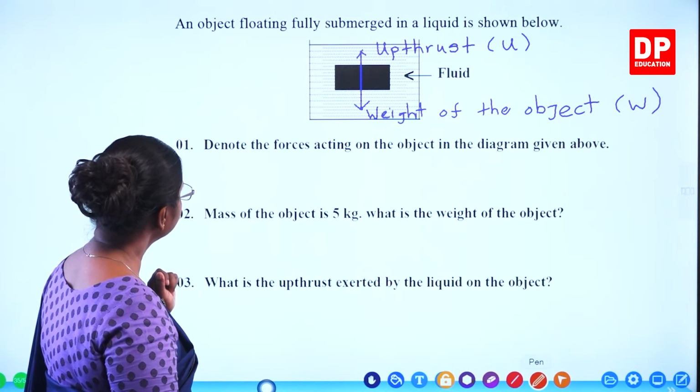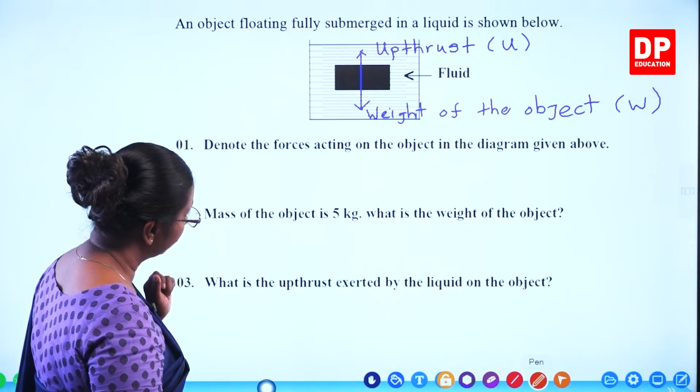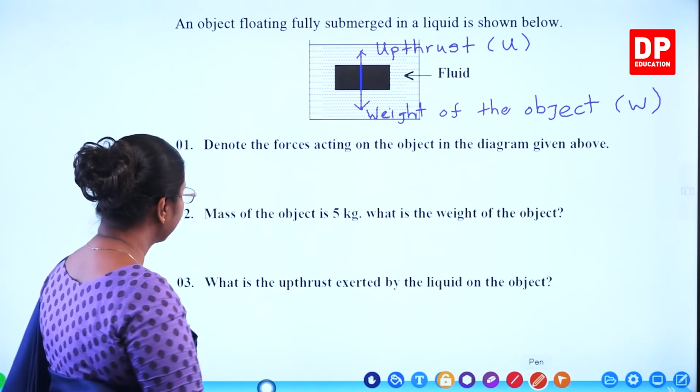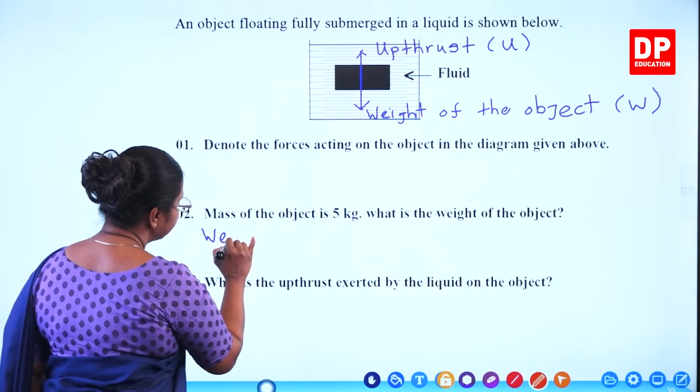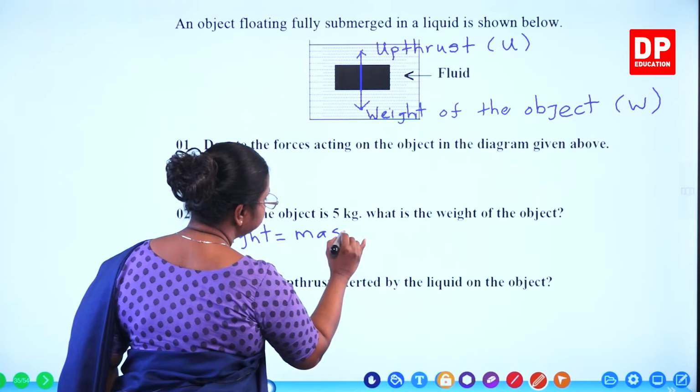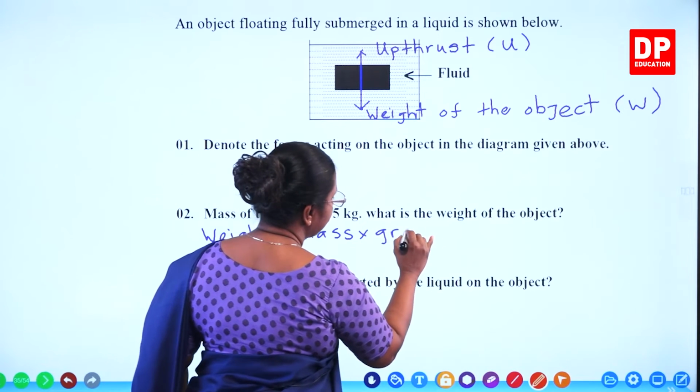The second one, mass of the object is 5 kg. What is the weight of the object? You are familiar with the equation. What is the relationship? Weight is equal to mass into gravitational acceleration.